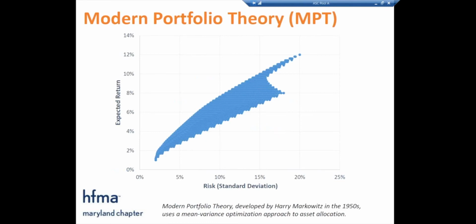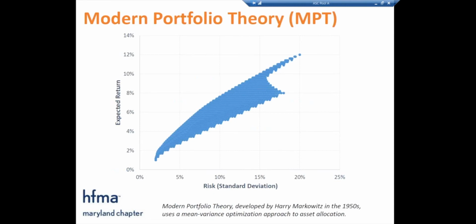What I've done here is describe each of those asset classes based on some different statistical measures, such as what we expect the return of that asset class to be. How much risk do we expect each of those asset classes to have? How volatile is it, how much does it go up and down, by standard deviation? And then also, how do those asset classes interact with one another?